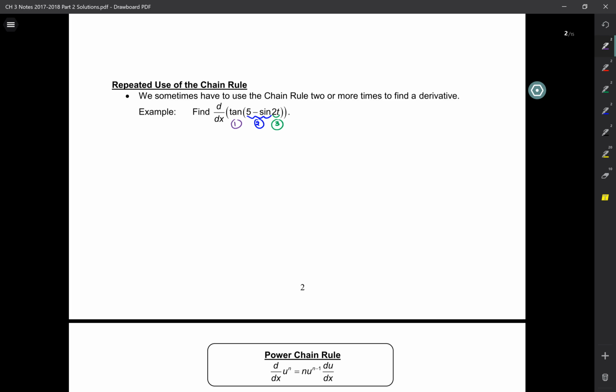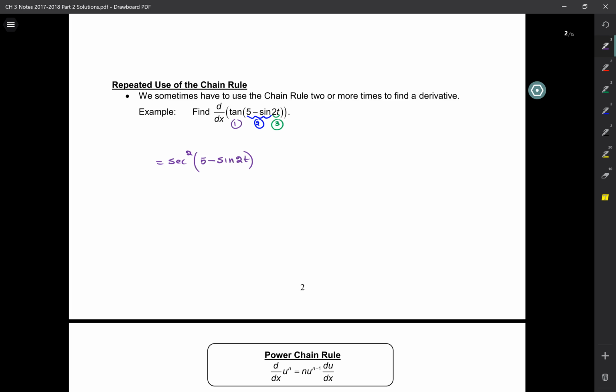Tangent. And it'll be secant squared. So this is going to be secant squared of what? Of 5 minus sine 2t. Right, of everything. So let me repeat that. It's tangent of all of this. So when you take a derivative, it'll be secant squared of all of this.